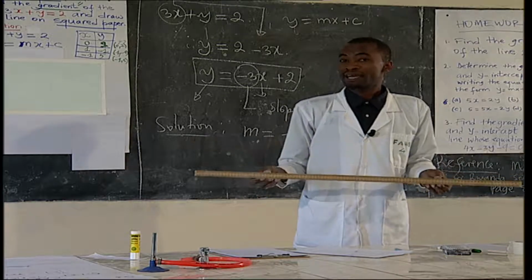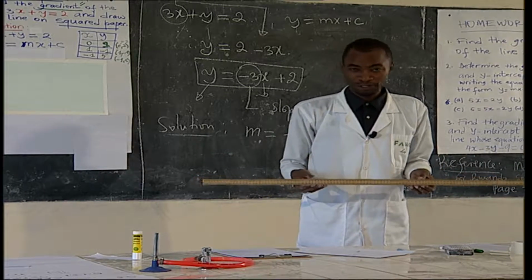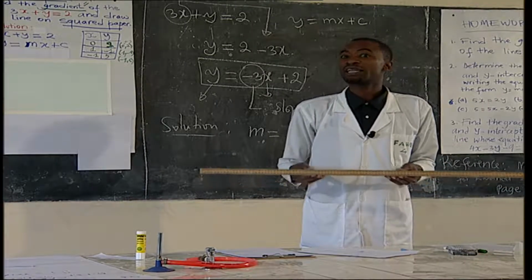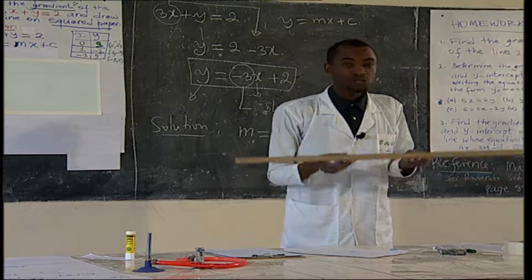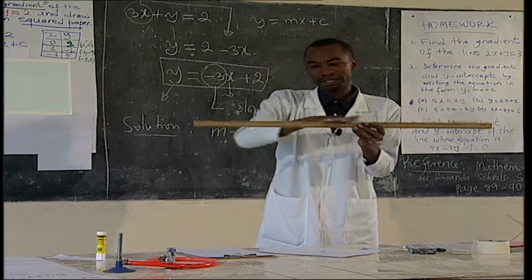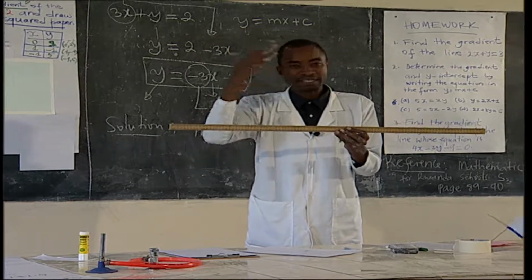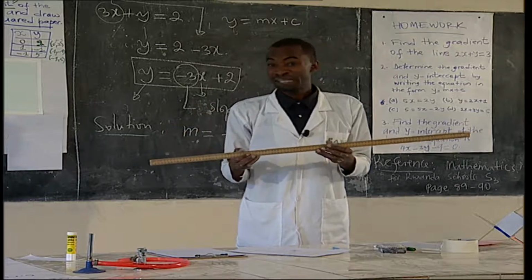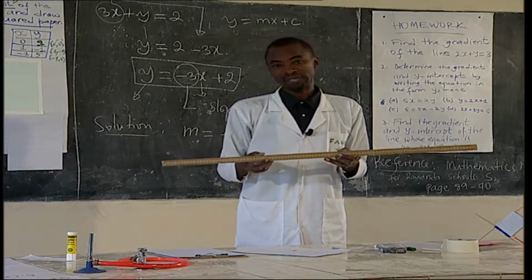We must have the coordinates of the points. When you have the coordinates of the points, those points can help you to draw a line. Do you see this ruler that I have? It is a straight line and can help us to understand what a linear equation is. You remember a linear equation gives us a line at the end of the day.